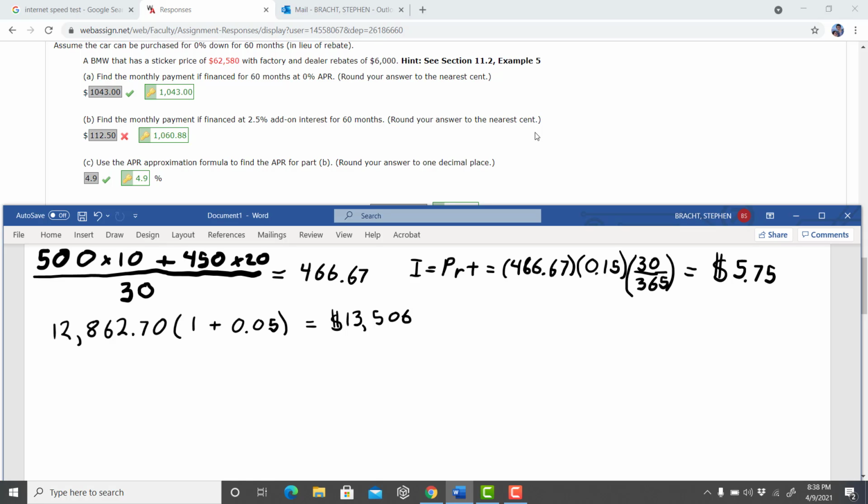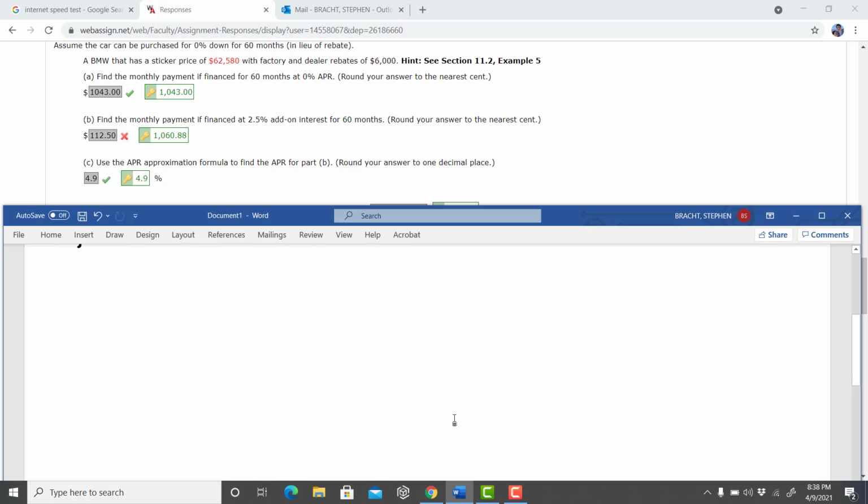So it's 0% in lieu of the rebate, or says that it has the sticker price of $62,580, dealer rebates of $6,000, right? So what we want to do is find the monthly payment if it's financed at 2.5% add-on interest for 60 months. Okay, let's make some room here.